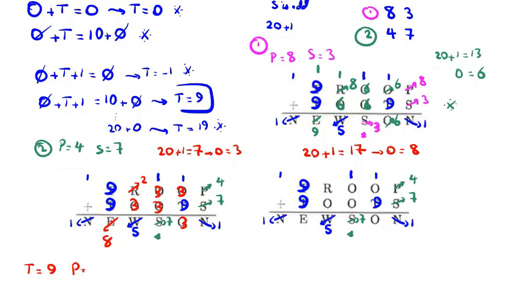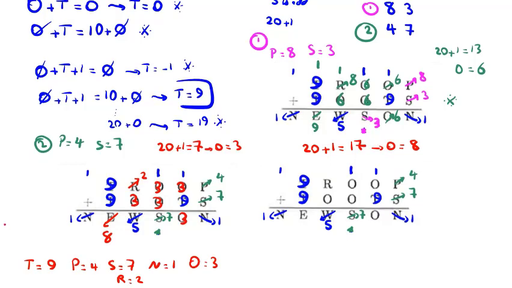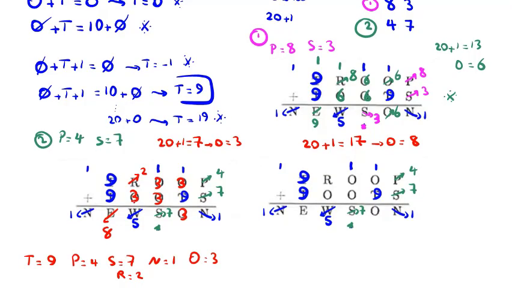T is 9, P is 4, S is 7, N is 1, O is 3, R is 2, W is 5, A is 8. As you can see, all these digits are distinct.